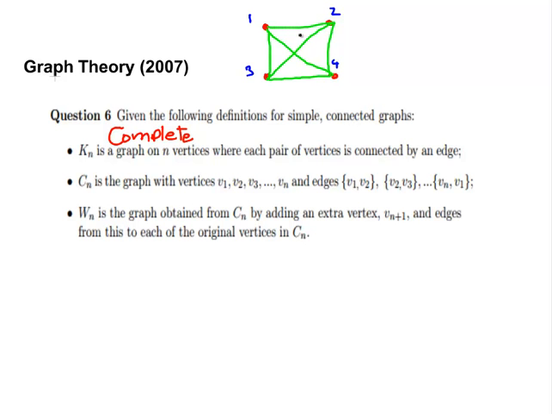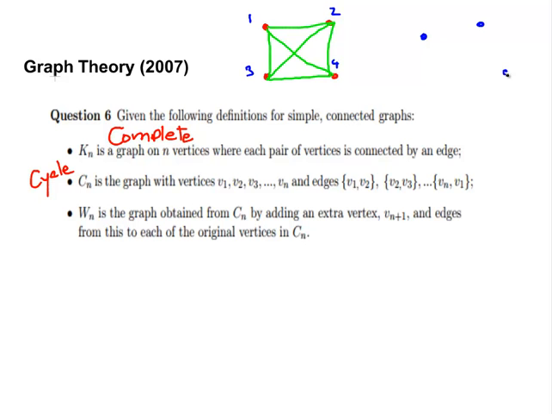Now, Cn is the graph with vertices v1 and so on, where v1 is connected to v2, v2 is connected to v3, so on. V3 is connected to v4, and the last one is connected back to v1. So we call this a cycle graph, and that would look like this.